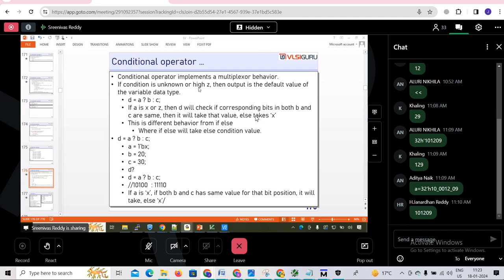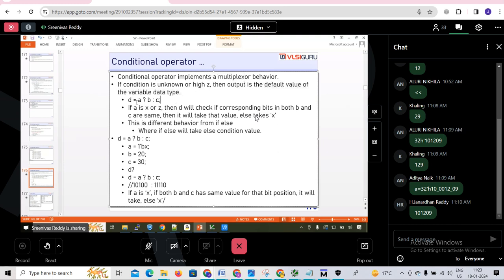Let's understand the statement. These kinds of statements are a little complex, which you should get used to understanding. You should read it multiple times and understand. Then output means what? What will be the value of output? The default value of the variable data type.